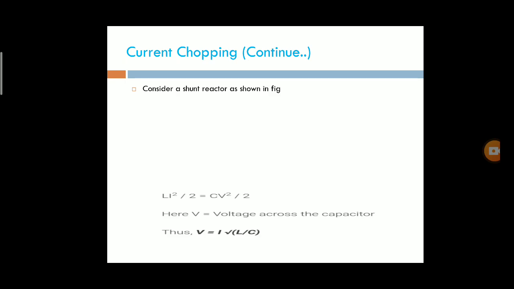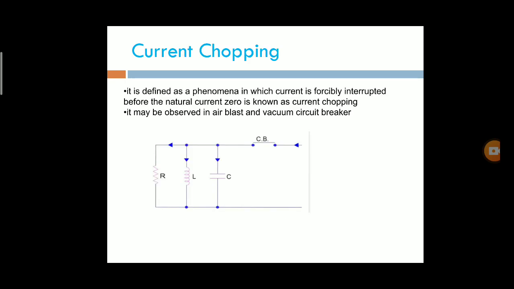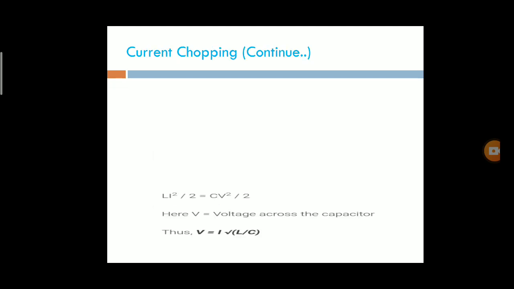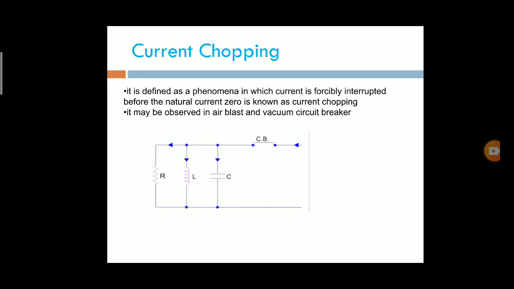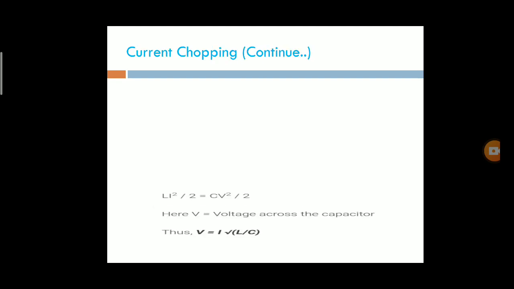Consider the shunt reactor as shown in the figure. The inductance is the shunt reactor. Under normal operating conditions, the reactor takes the magnetizing current.